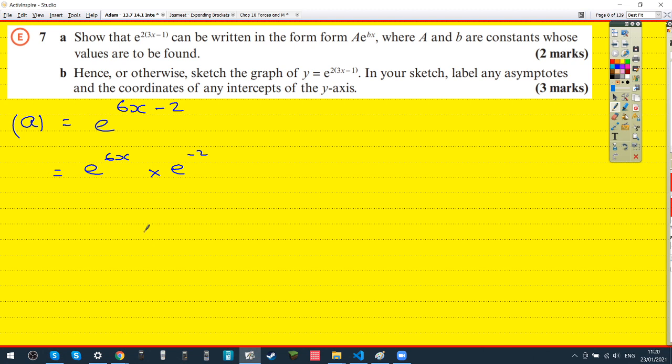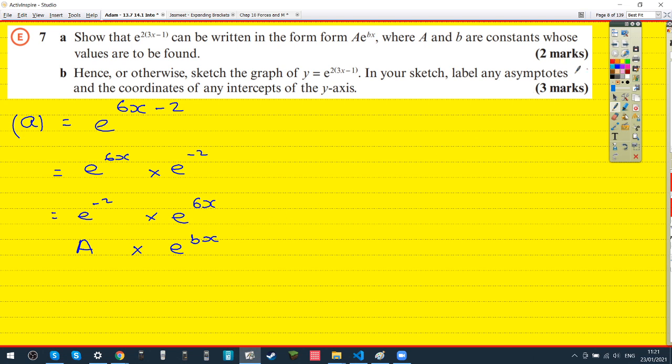Okay. And so if I swap these two around, that would be e to the minus 2 times e to the 6x. And their one is a times e to the bx.